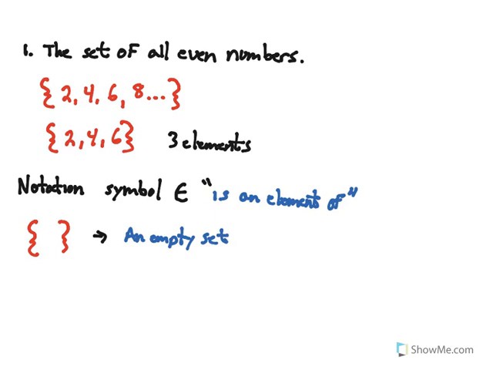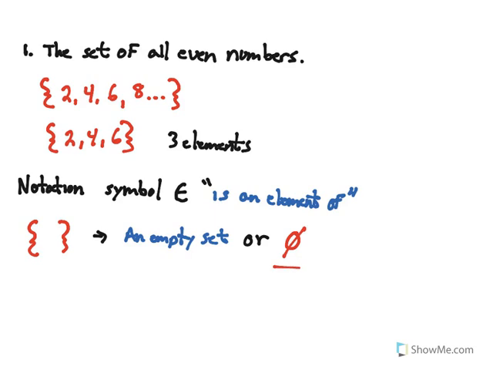You could also use this notation, a circle with a line through it. That's also an indication of an empty set. If you were to use braces, there shouldn't be anything in there, but this is the standard notation that you want to use right here.